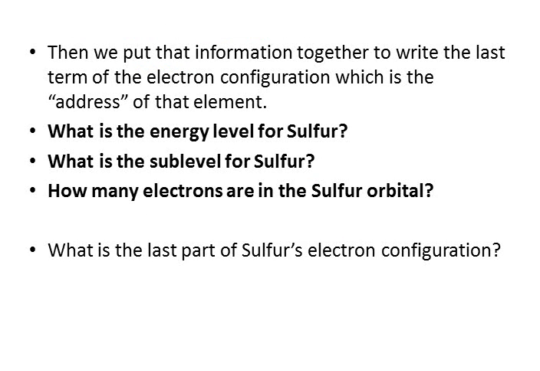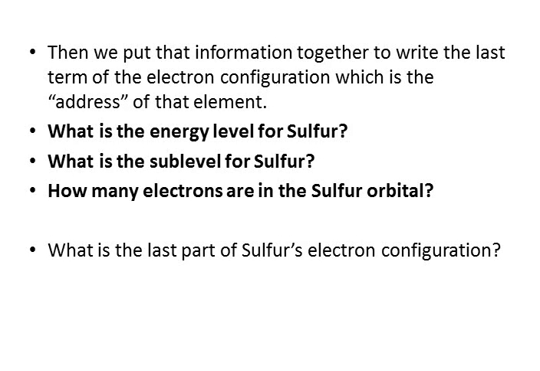So we can put this information together to write the last term of the electron configuration. And this is kind of like an address for the element, because each element has a different amount of electrons, so each element has a different electron configuration. Sulfur has a different amount of electrons than helium, so the electron configuration is going to be different.